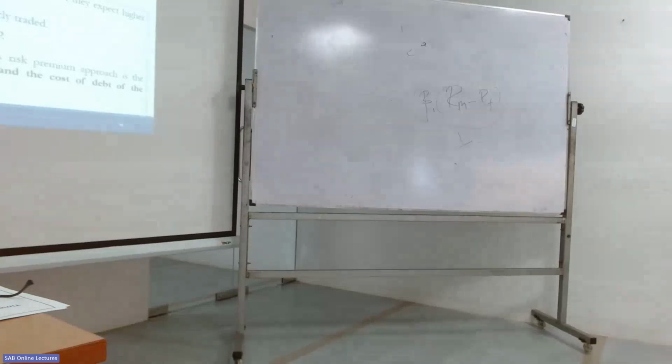And cost of equity, using basically three methods: CAPM, dividend growth model, and bond yield plus risk premium. Now we are going to estimate overall cost of capital, WACC, considering all these component costs of capital, and also marginal cost of capital.